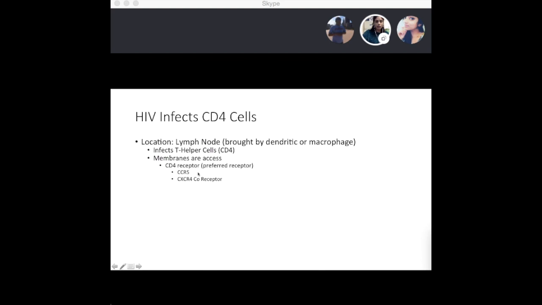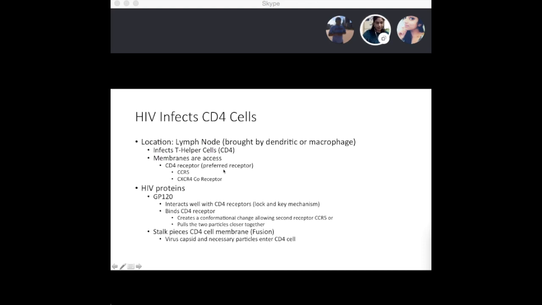That's going to be particularly by the CD4 receptors, which are going to be CCR5 and CXCR4, which is a co-receptor. And the HIV proteins, specific to the HIV particle itself, has the GP120, which is going to interact with the CD4 receptor, the CCR5, CXCR4. And essentially, you want to think of it as a lock and key mechanism.